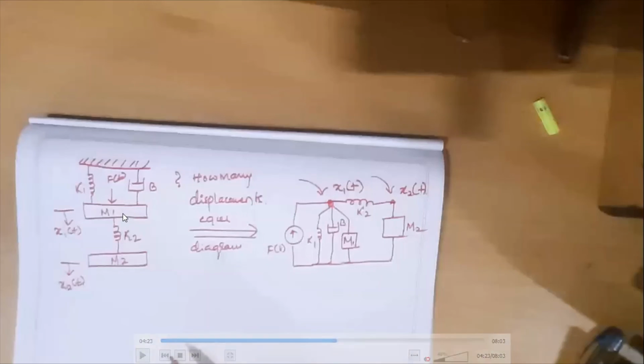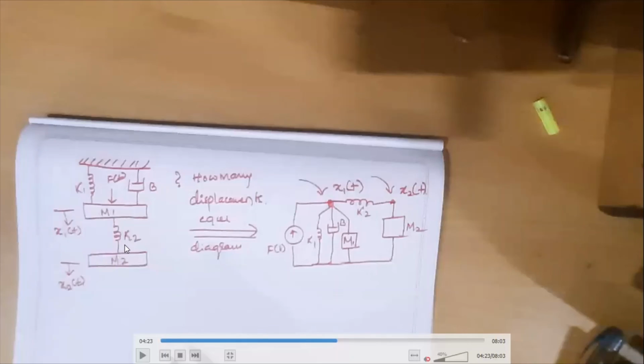Since it is uniformly applied and its immediate impact is on these three elements, x1 is represented as the first node, and x1 is the impact of force on these three elements, so they come in parallel. Then k2 is because of the effect of force on m1 and m2.